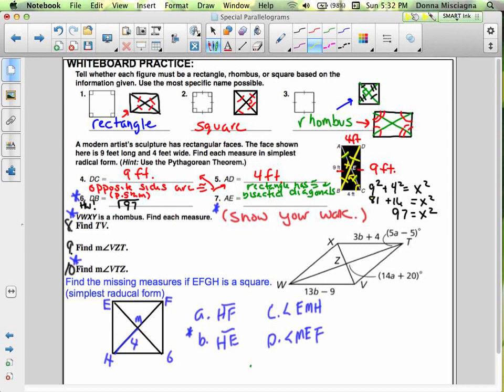So we found the measure of BD. If we take half of BD, what would half of the square root of 97 be? Well, this half would be 1/2 times the square root of 97. So AE here is the same length as EB, for instance.